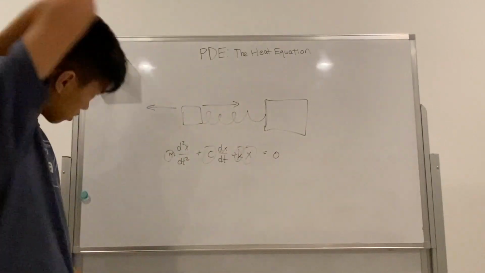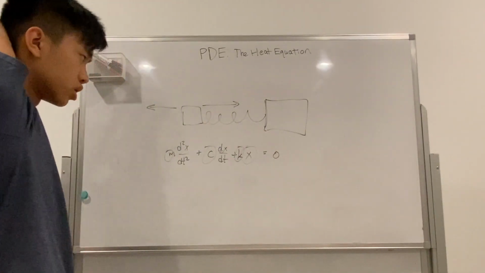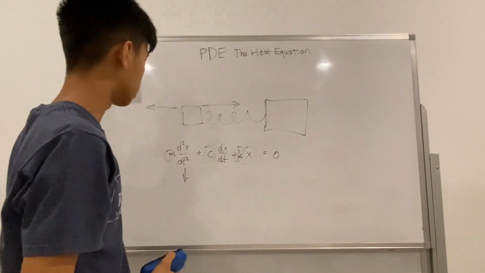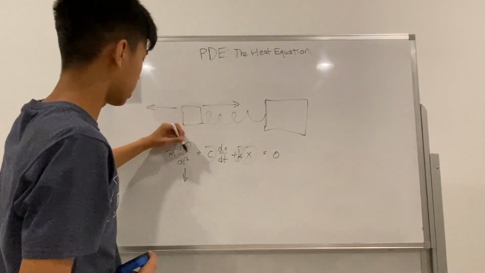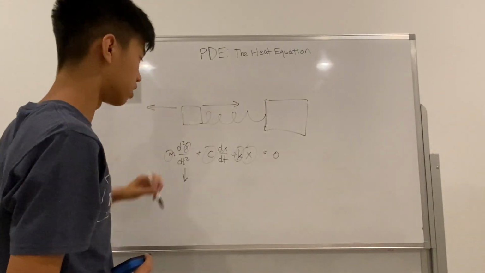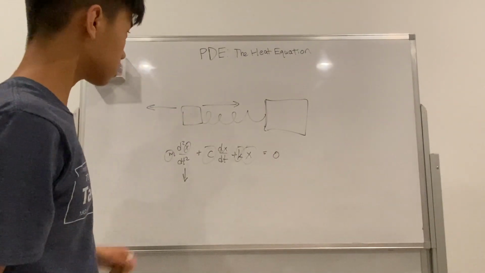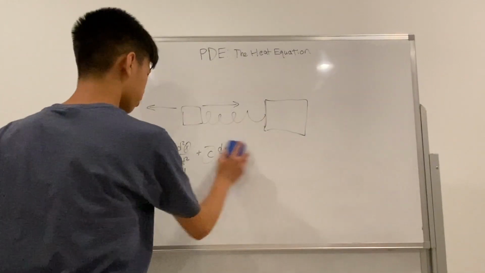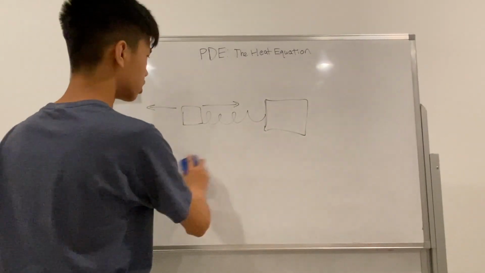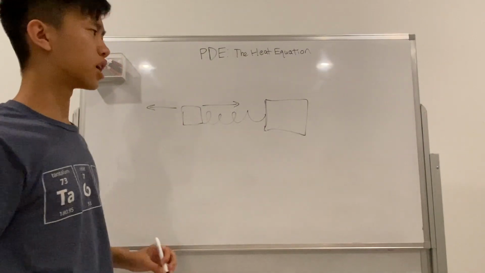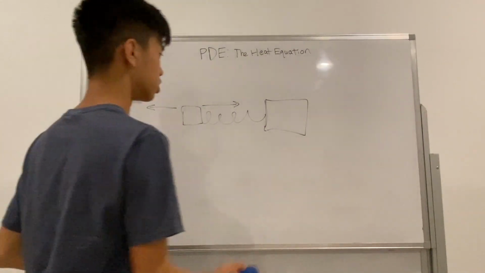So ordinary differential equations are mainly concerned with how the independent variable, which is x, affects the dependent variable. In a partial differential equation, you'll have multiple variables that cause our dependent variable to change.